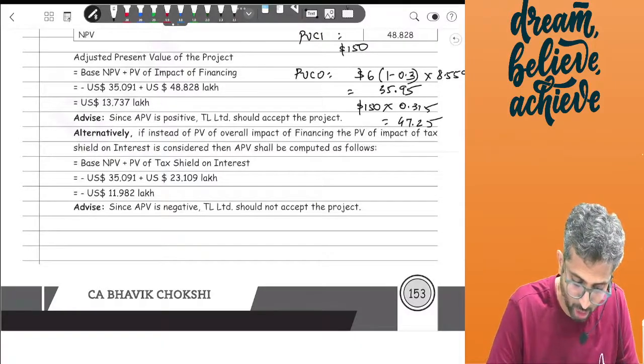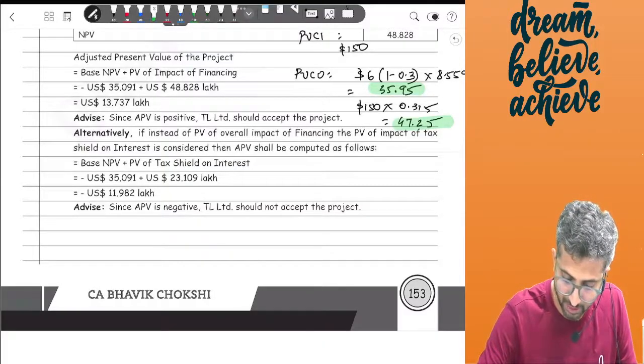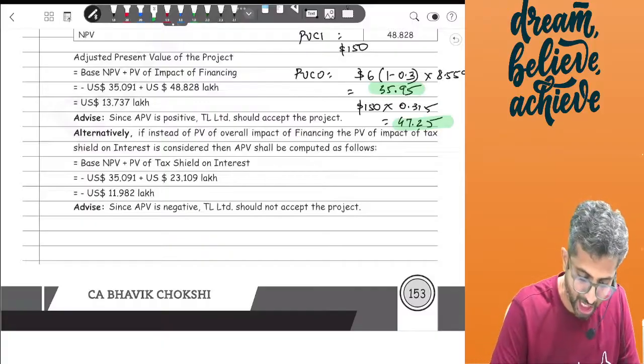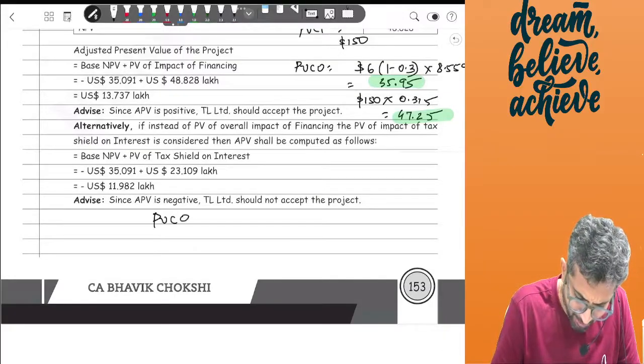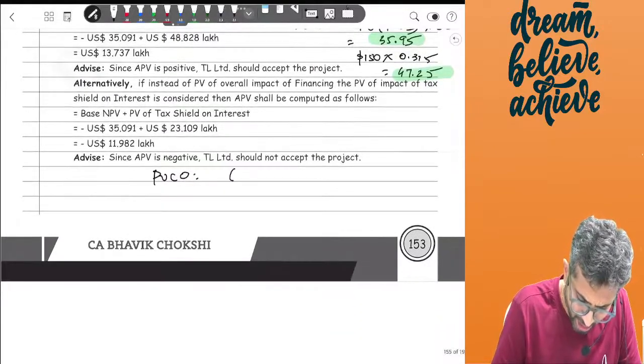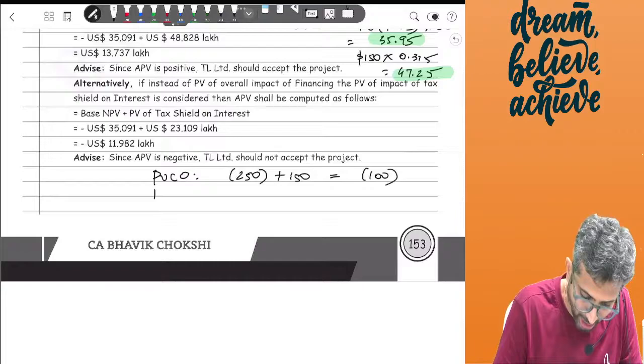47.25. So if I total both of these, 35.95 and 47.25, I will get around 83.2. So my PVCO is 250 plus 150 to start with.